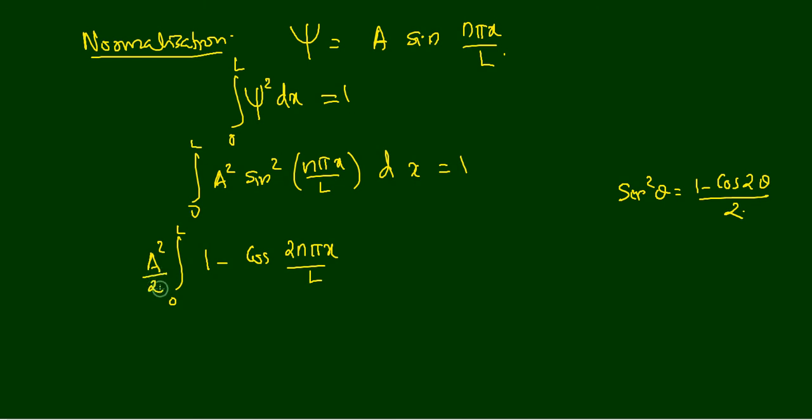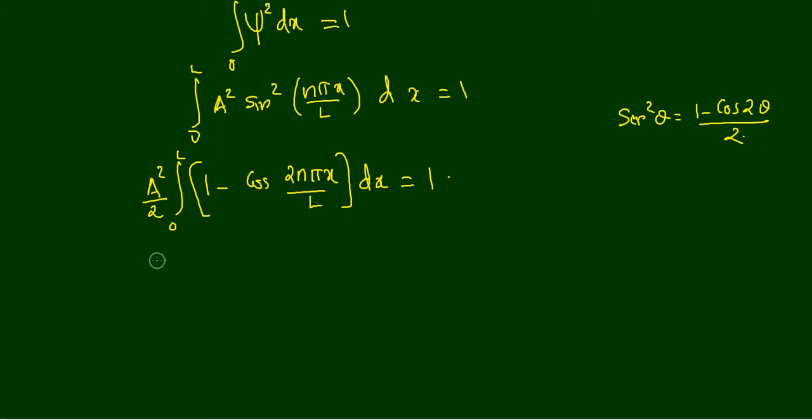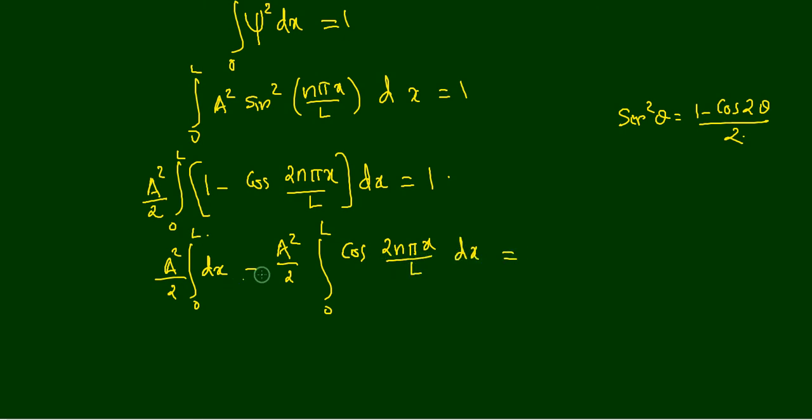That 2 I can put it here, right? So a square by 2 integral 0 to L, 1 minus cos 2n pi x by L dx is equal to 1. That's our new equation. So that is a square by 2 integral 0 to L 1 dx minus a square by 2 integral 0 to L cos 2n pi x divided by L dx, that is equal to 1.